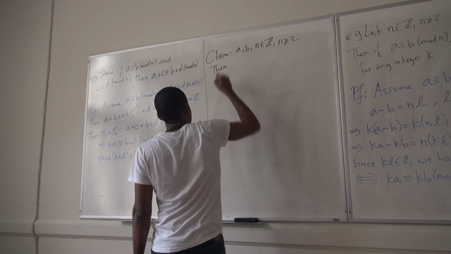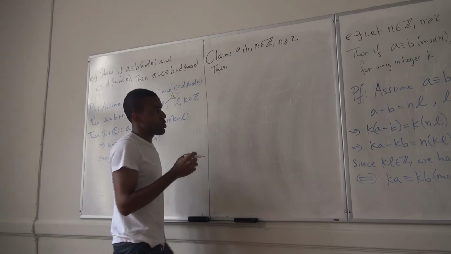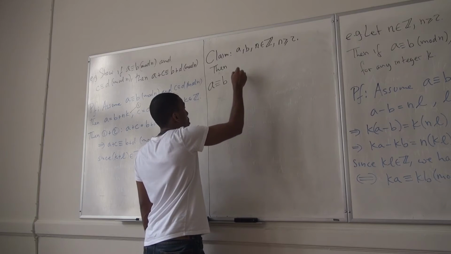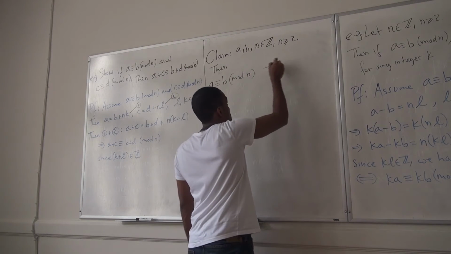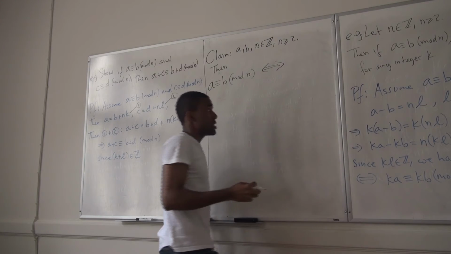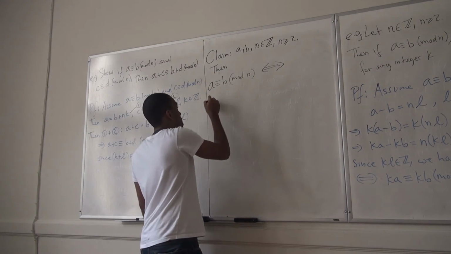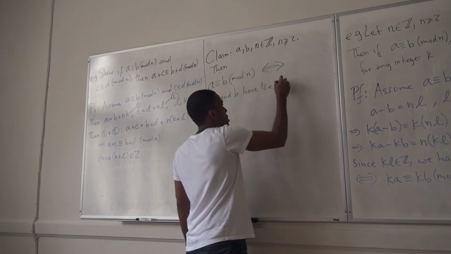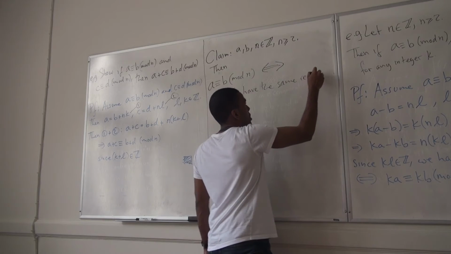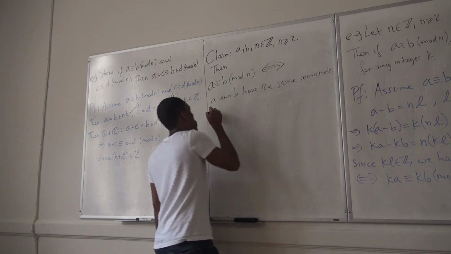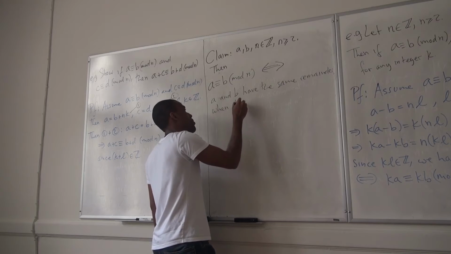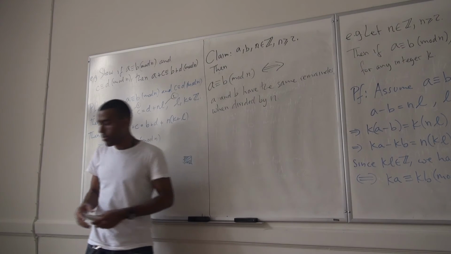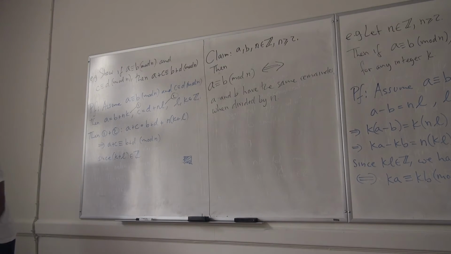Then, here's a concrete way to think of congruence: A is equivalent to B mod n if and only if A and B have the same remainder when divided by n. That is my claim, and I'd like for us to prove it.